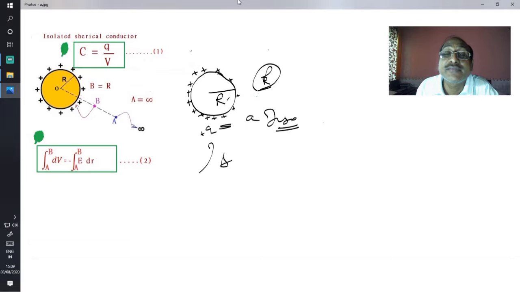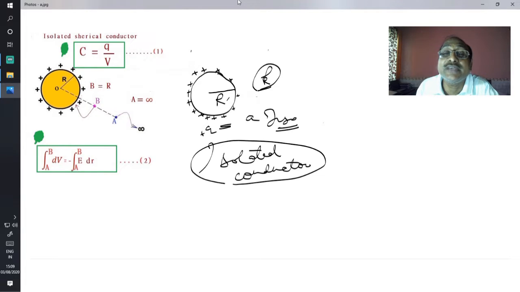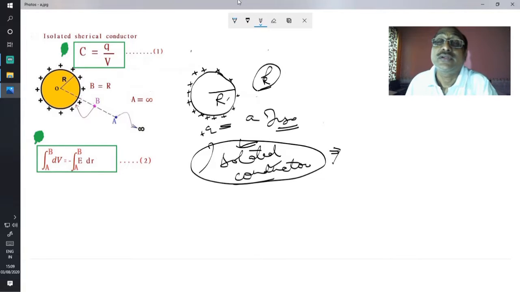Isolated means no other conductor is placed in the vicinity or near to this conductor. It is a singleton conductor. This is called an isolated conductor.